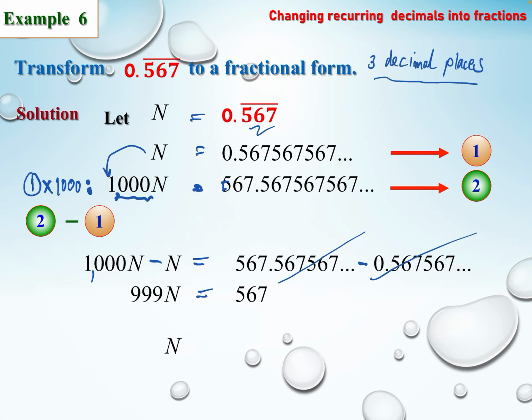Then we have n equal to 567 over 999, or we can say that 0.567 with a bar, because it repeats 567, is equal to 567 over 999, like this.